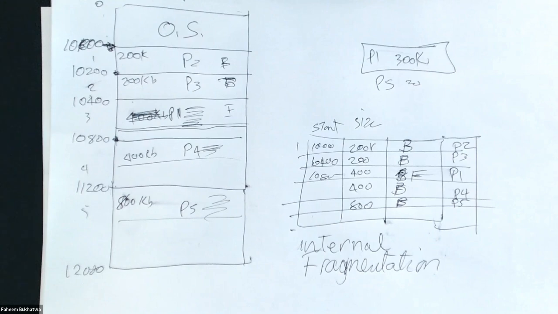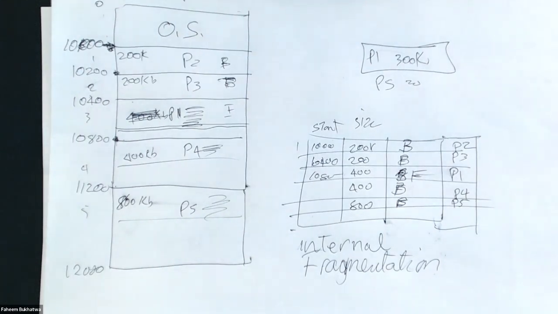It's when little space is left between allocations of programs. It's always easy to give an example. You have a 500 block and a program comes in and says I need 495. We allocate 495, and you're left with 5K. It's too small to be useful and not allocated to anyone. That's called external fragmentation.